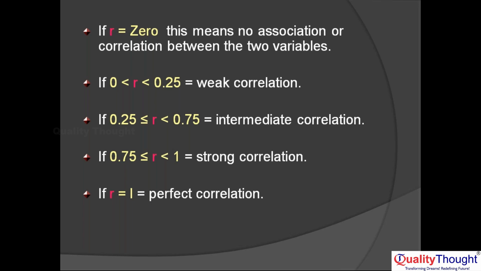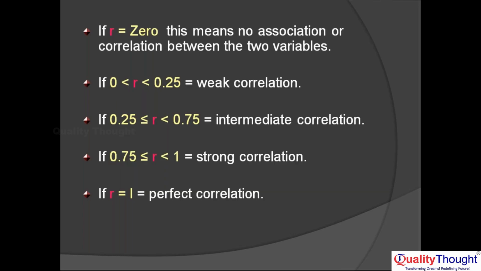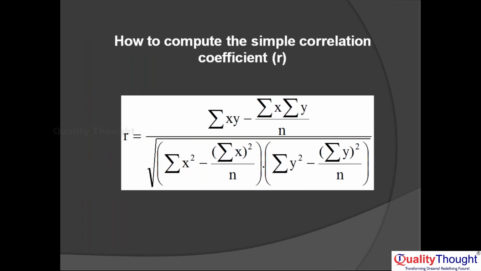Average correlation is 0.25 to 0.75. Less than 0.25 is weak correlation, which is the worst. If r equals 1, it is a perfect correlation. It is very hard to achieve this perfect correlation. Why? Because the data itself will not allow us to get something like that.